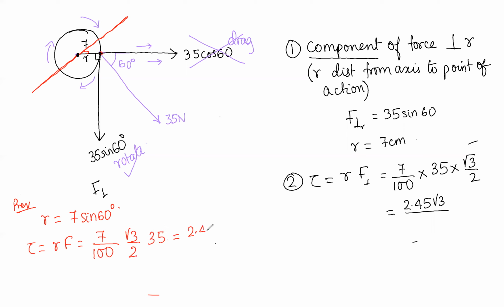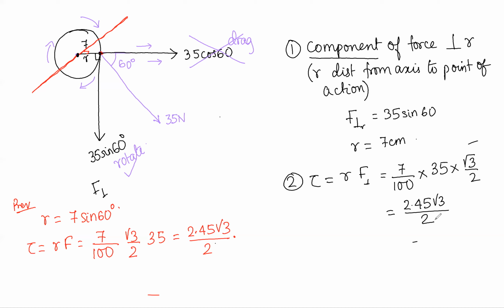I just wrote 2.45 root 3. So it's 2.45 root 3 by 2, because there's a 2 in the denominator. I'm sorry, I made a small mistake. So here also you'll get the same answer: 7 into 35 is 245 by 100, 2.45 root 3 divided by 2.